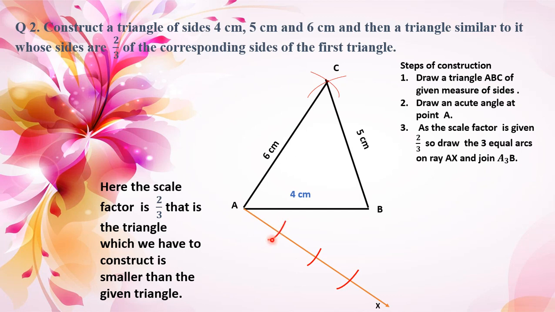This arc and the ray intersect at a point. Place the pointer of the compass at this point and with the same radius cut a second arc, which intersects ray AX at another point. Place the pointer there and cut the third arc. Now name the points A1, A2 and A3.